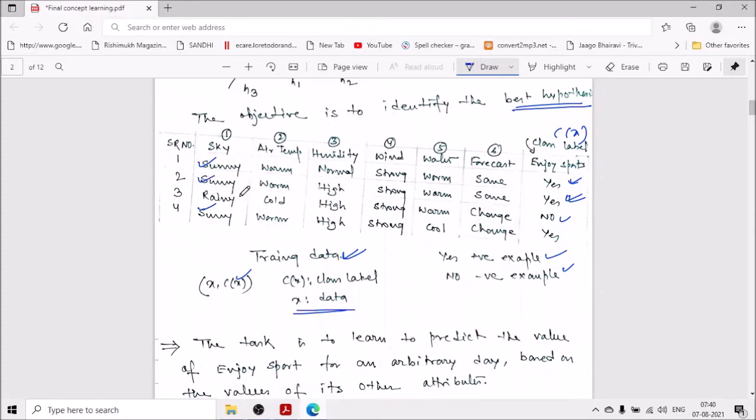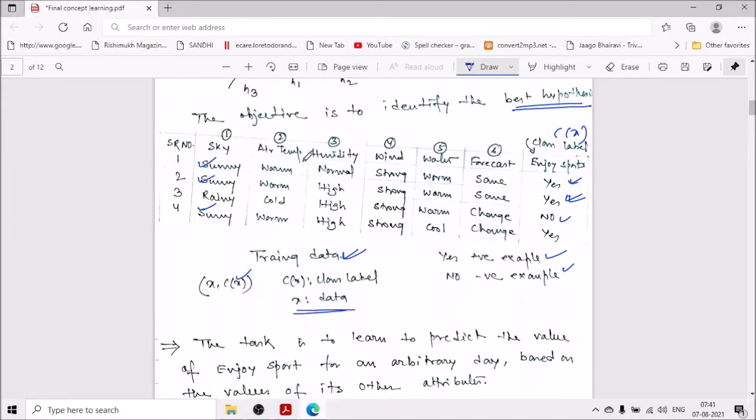But in the third case, if the sky is rainy, air temperature is cold, humidity is high, wind is strong, water is warm, forecast is change, the person did not enjoy the sport. It is training data, old data.